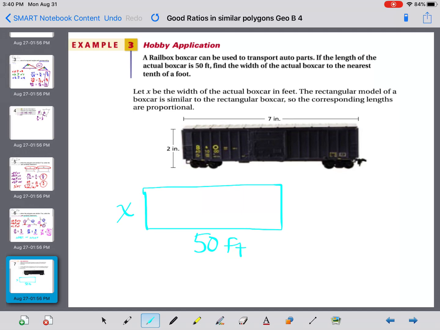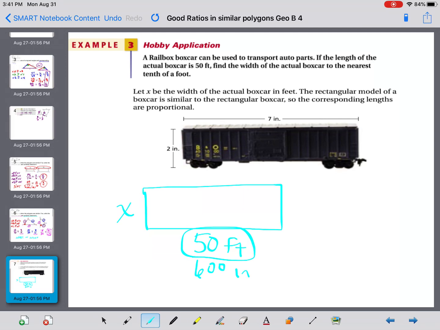The first thing I want to do is convert this feet into inches. So if we go 50 times 12, that leaves us with 600 inches. We want to set up a proportion.